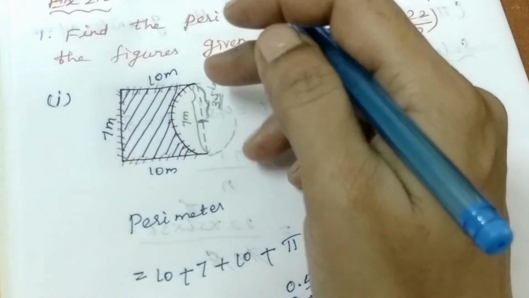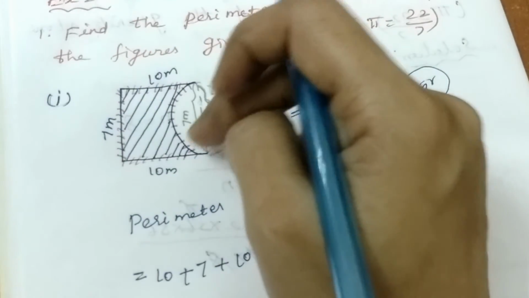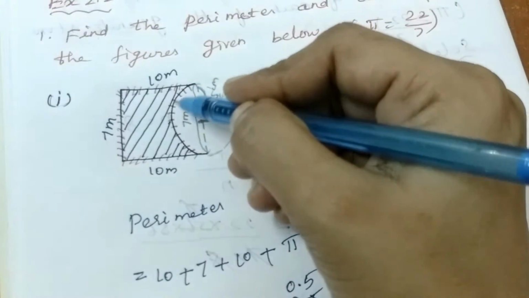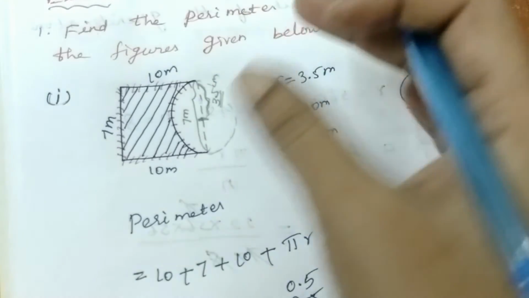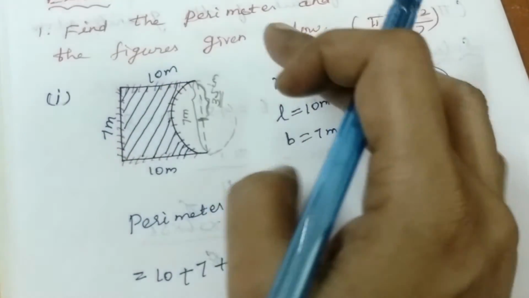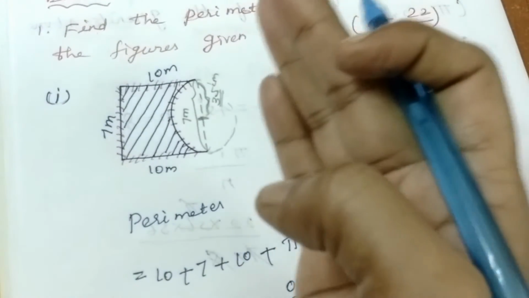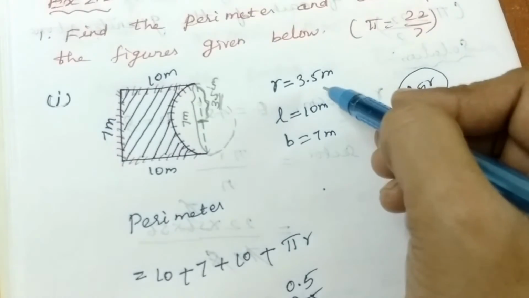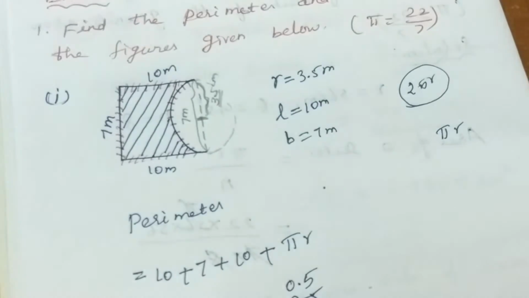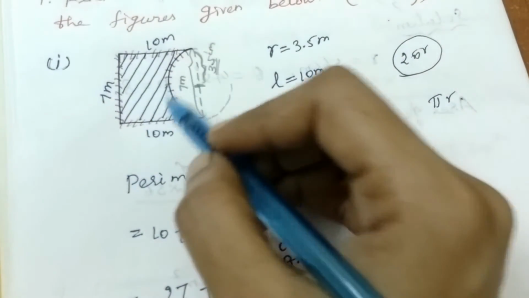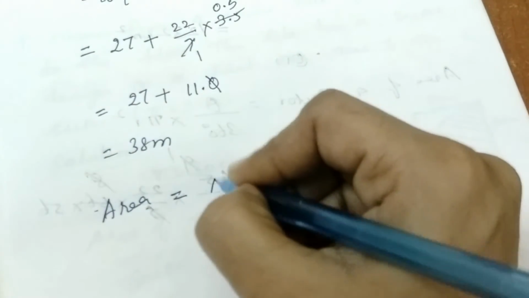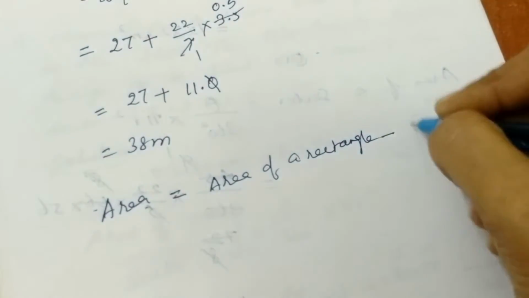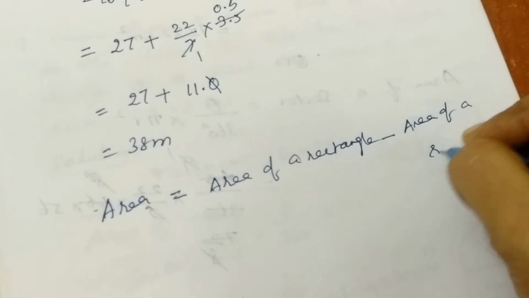So area of this combined shape is area of a rectangle minus area of a semicircle.